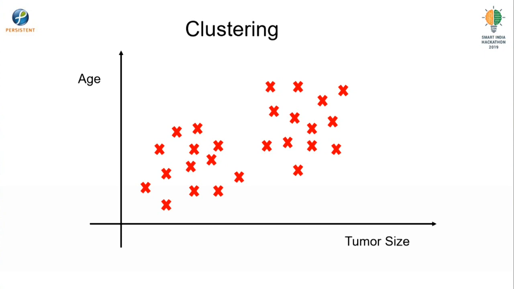Now, what the machine learning algorithm is going to do for us is to classify this data into a number of groups. How does it do it? By looking at the similarity between two points based on their feature inputs. Now, the question is how many groups it is expected to make.